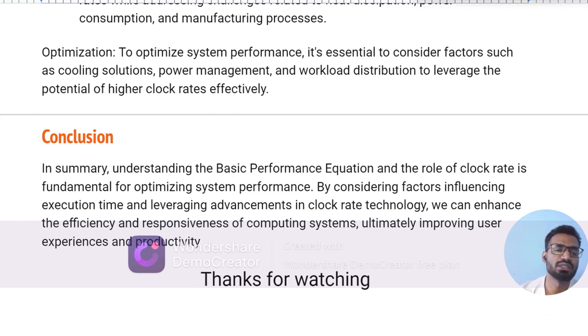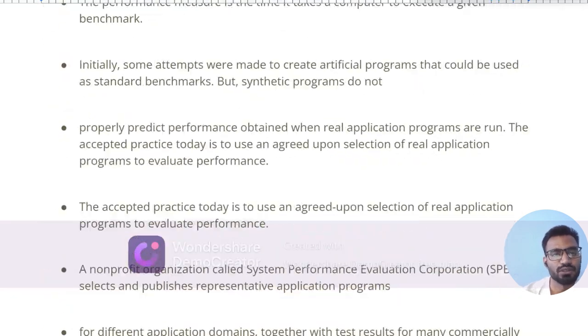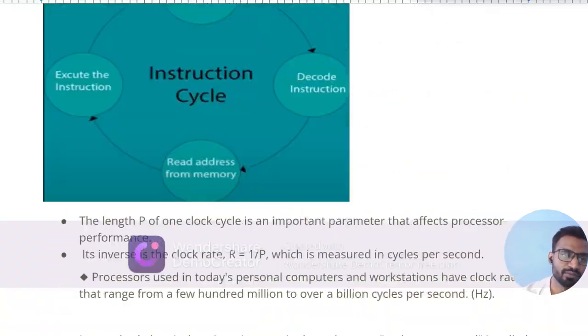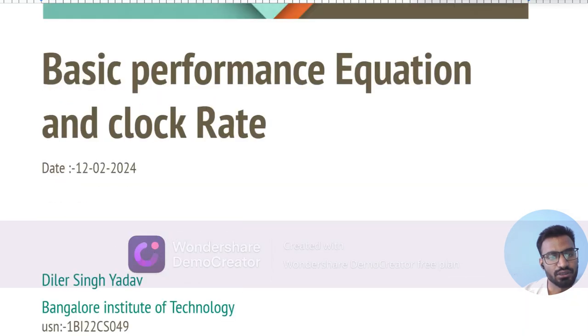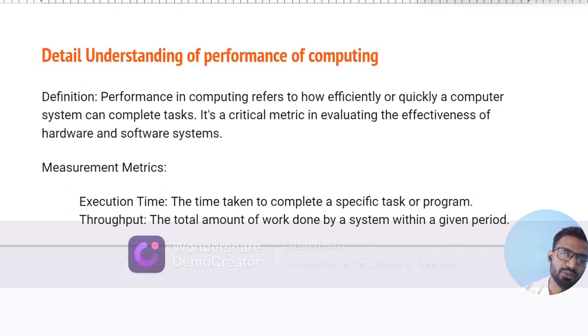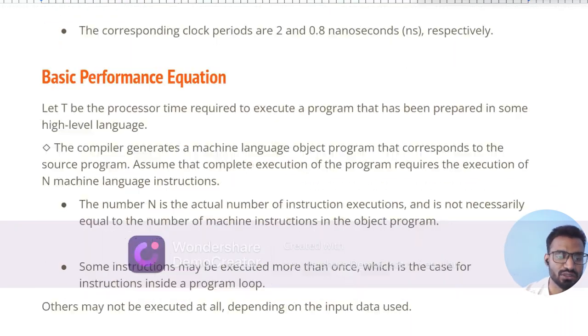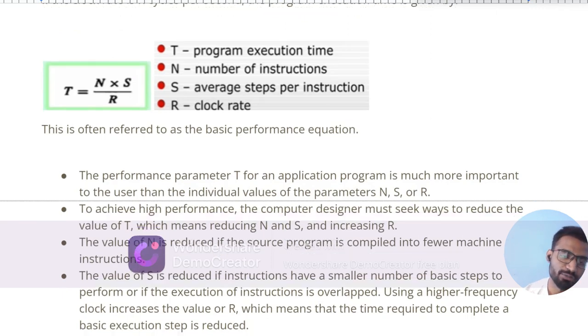We have discussed the basic performance equation and clock rate, how it varies and depends.